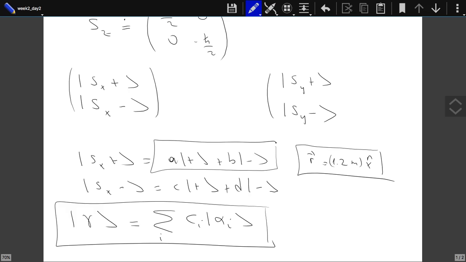Now, if you have systems prepared in identical ways, and you make thousands of measurements, millions of measurements, then you can talk about the probabilities, and whatever your interpretation is, a squared is the probability of plus, b squared is the probability of minus.